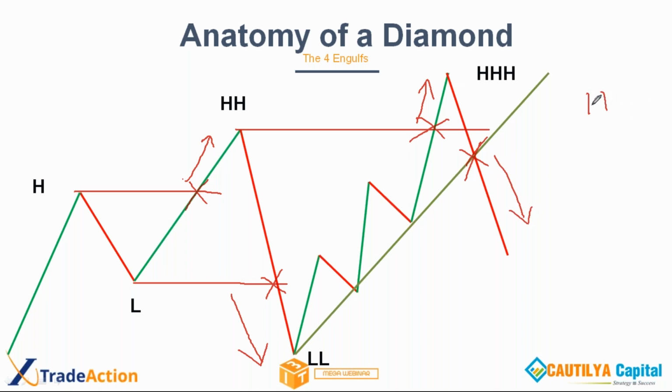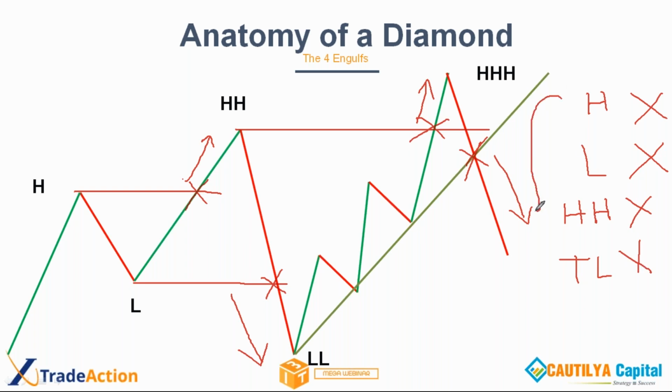So how many engulfs in total? There are four engulfs: two engulfs of the Quasimodo, an engulf of the higher high, and an engulf of the trend line. All of them put together form a diamond.